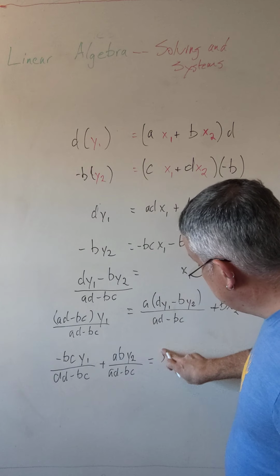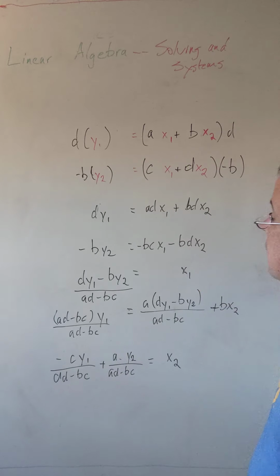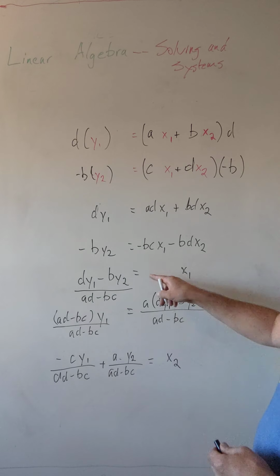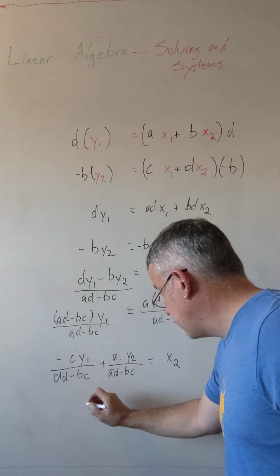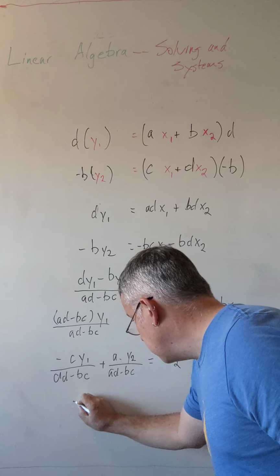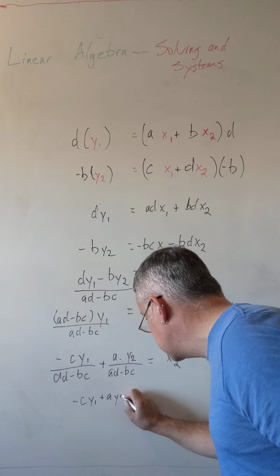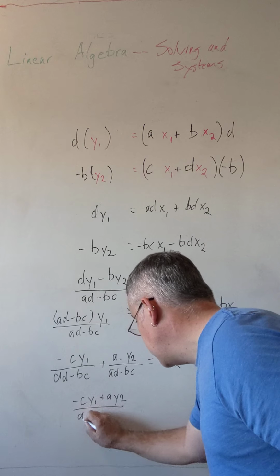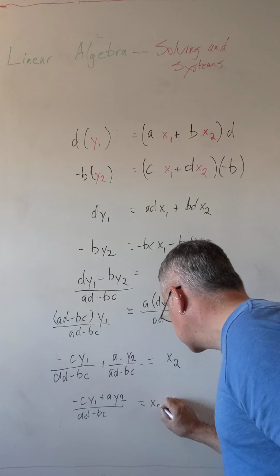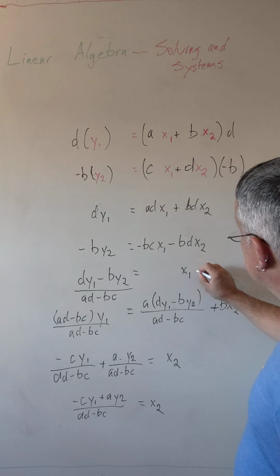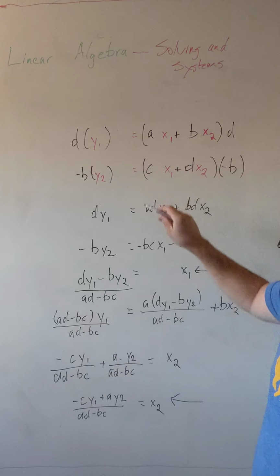And let's cancel out the B's. Everybody's got a B. Okay. So this plus this, and we can write this one in a little bit simpler form. Let's write it as minus Cy1 plus Ay2 over AD minus BC equals x2. So here's the solution for x1. Here's the solution for x2 for all equations of this general type.